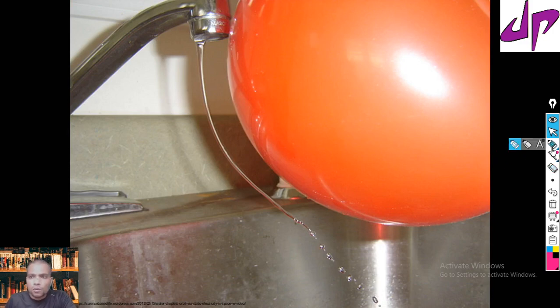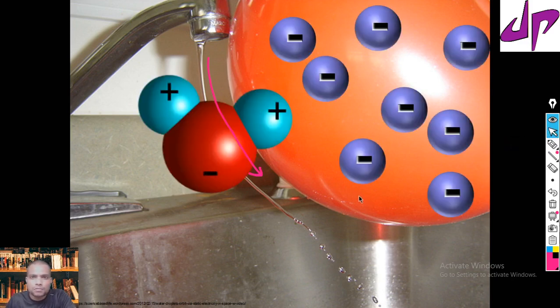We are familiar with this effect. Just observe how the water is leaning towards the balloon, or it's curving. Suppose you take this as a charged balloon, which is negatively charged, and water, which is a polar molecule, having this kind of structure.